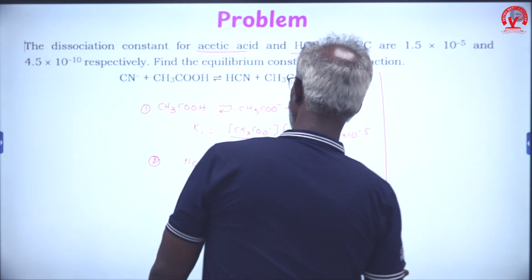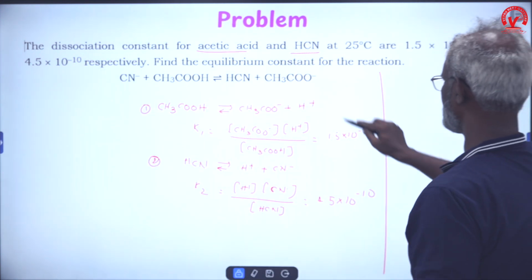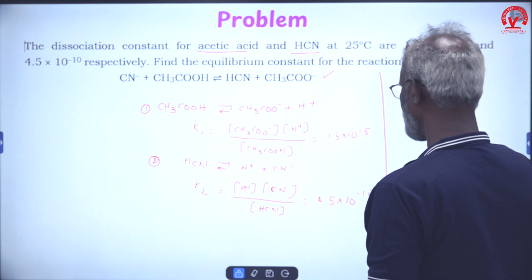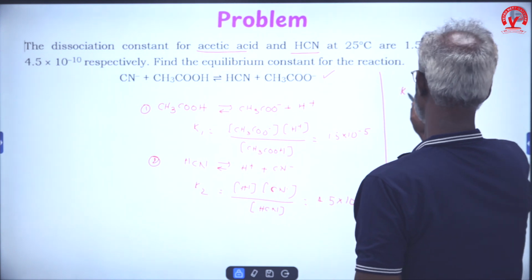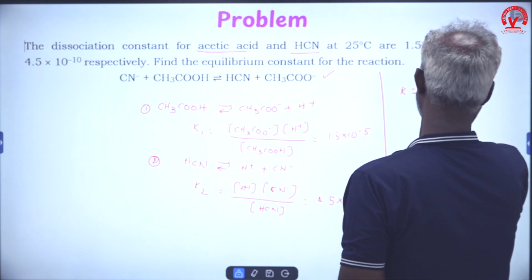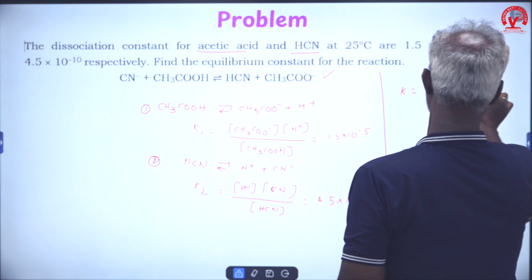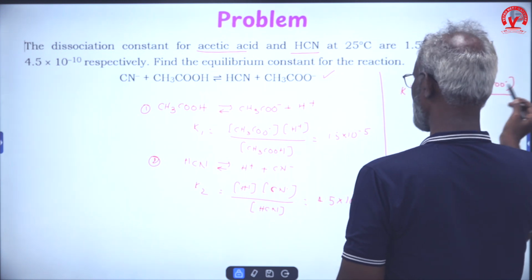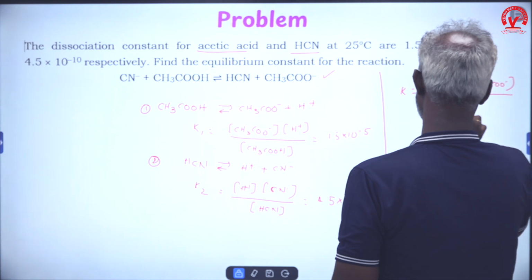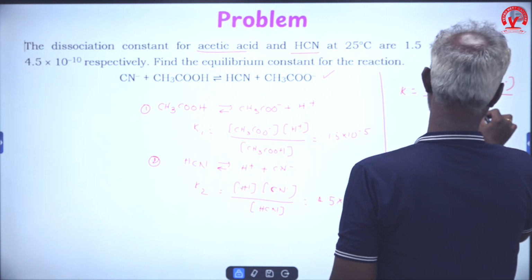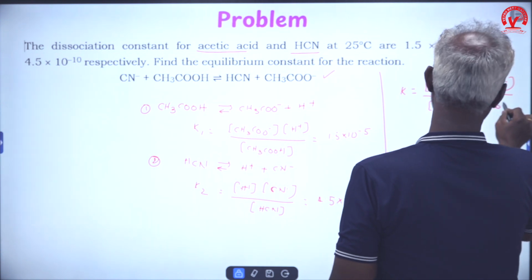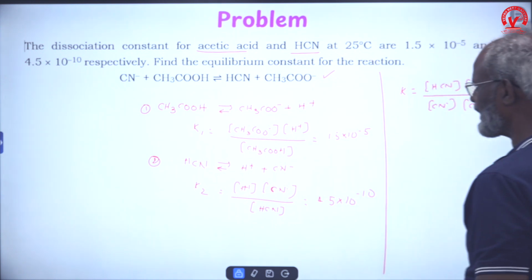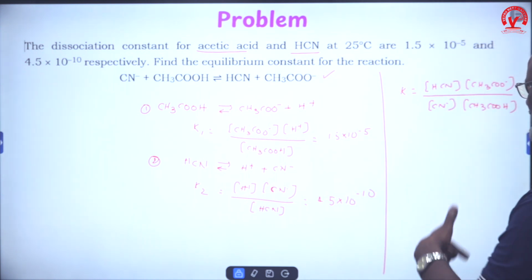Now, what do we need for this reaction? For this reaction, I simply write K. K is equal to [HCN][CH3COO minus] divided by [CN minus][CH3COOH]. Now we have to compare these two equations.